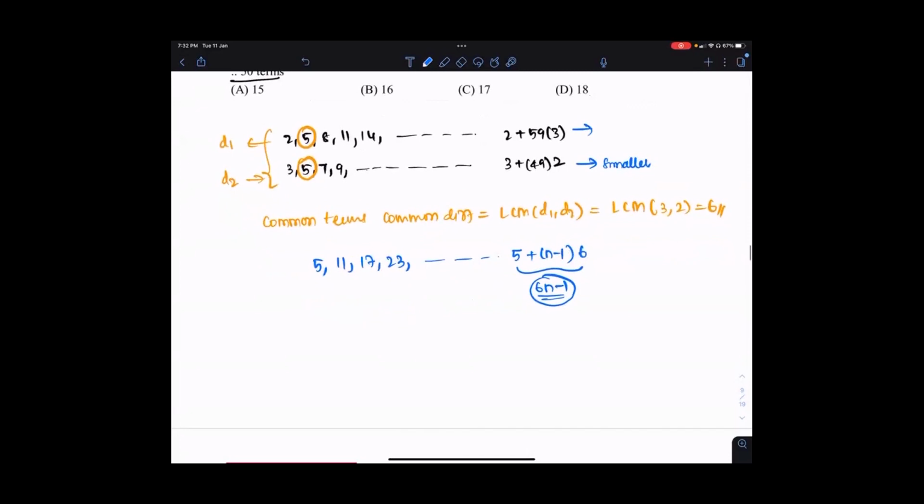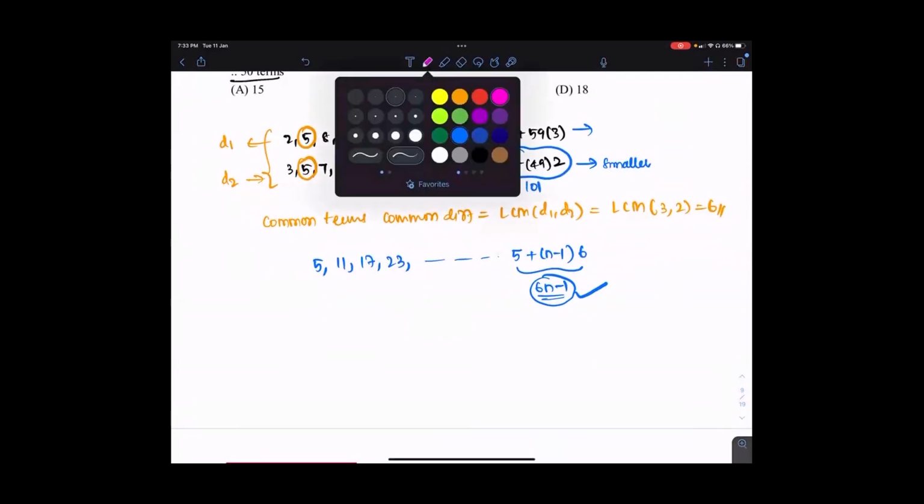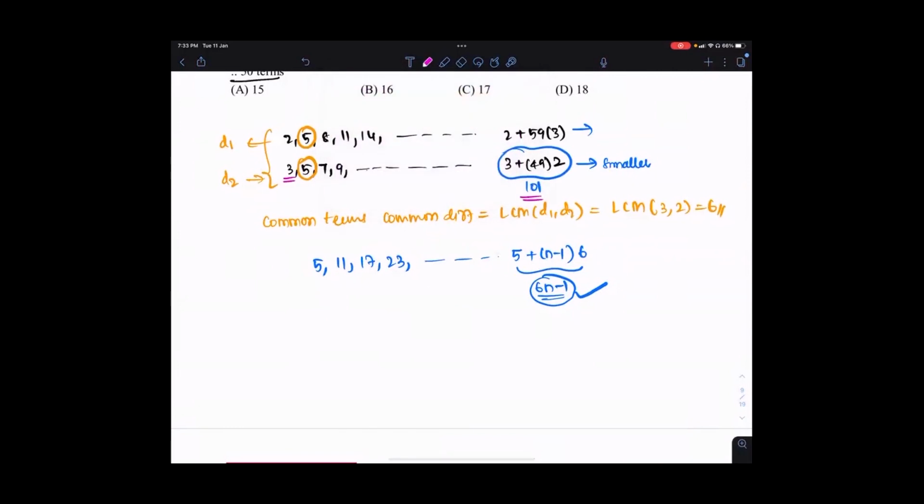Now, if they are common, this last term will be less than or equal to the last term of the smaller AP, which is 98 plus 3, 101. Because the common term has to exist in both the second and first sequence, between 3 and 101.